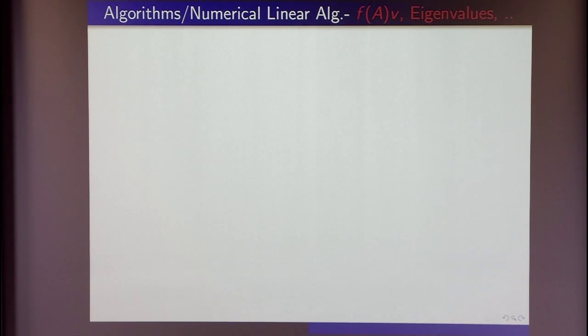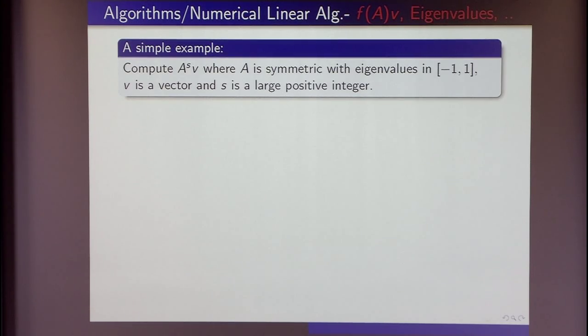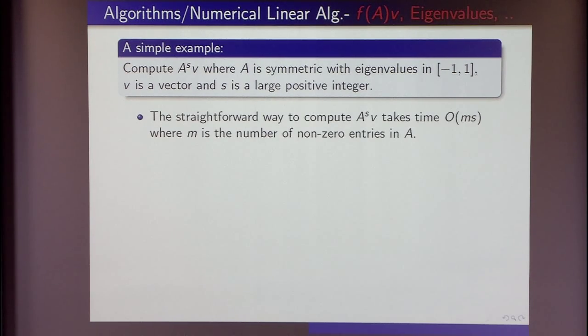So let's go back to the matrix world and see how these things can actually help us. As a simple example, we look at computing A to the s times v, where A is a symmetric matrix and all eigenvalues are in minus 1, 1. This you can actually ensure by scaling, so it is not a major restriction. The absolutely straightforward way to compute this depends on who you ask.